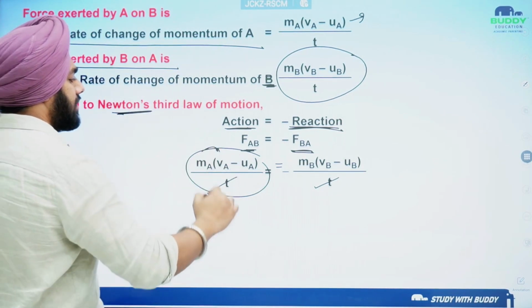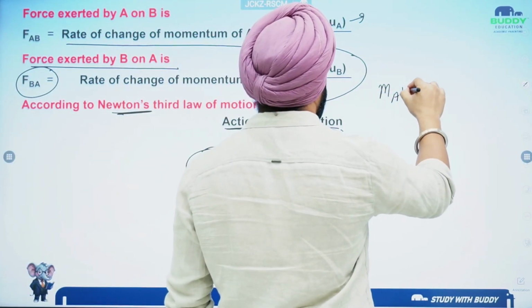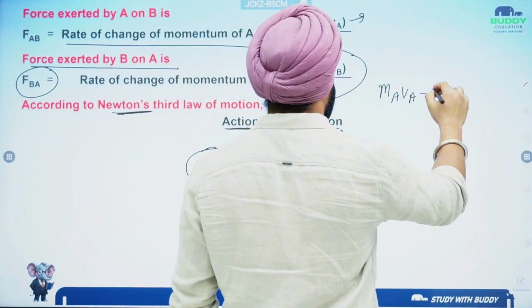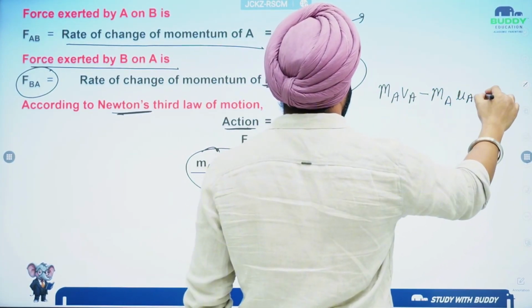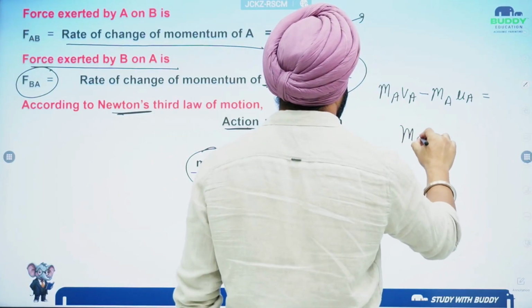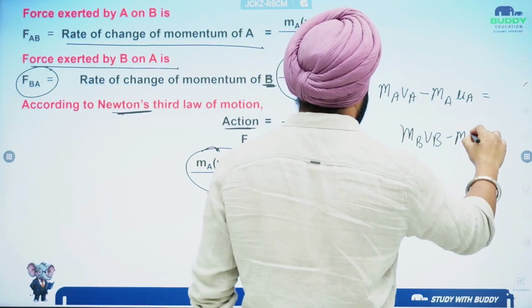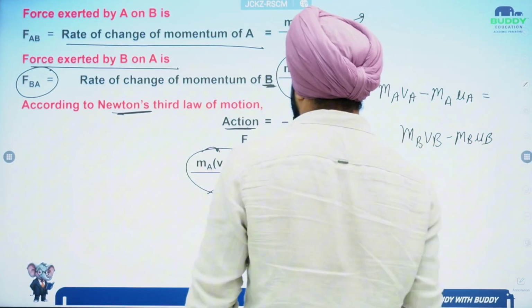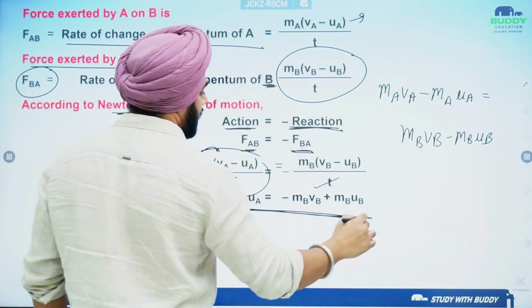When you multiply this, it will become MAVA minus MAUA is equal to minus MBVB plus MBUB, right? So when you write this down, this will be the result.